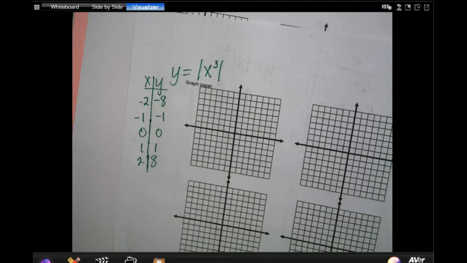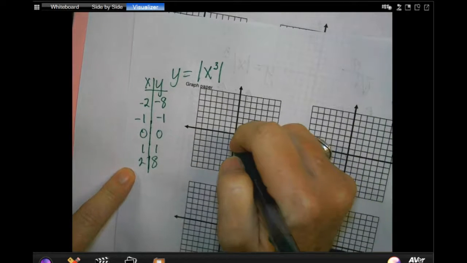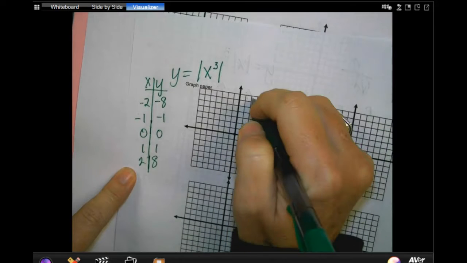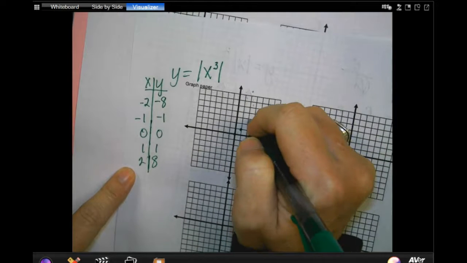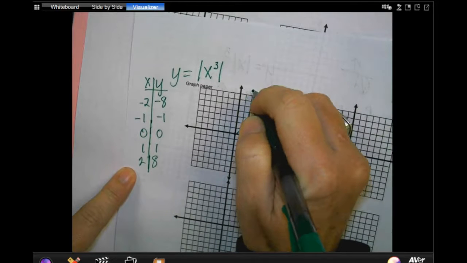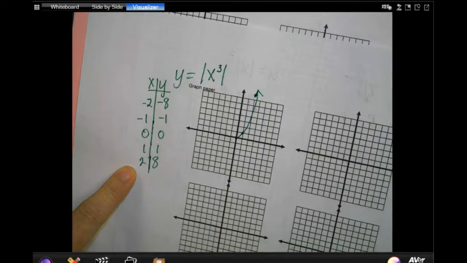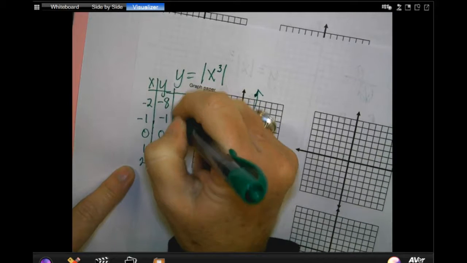So now you have the chart, and you told me what to do. So I know I have to plot these points, right? So I know I have to keep that part. And then what do I do to the negative y's?